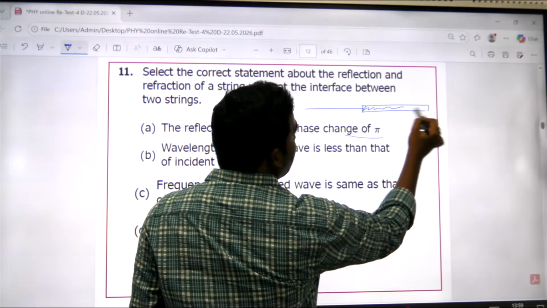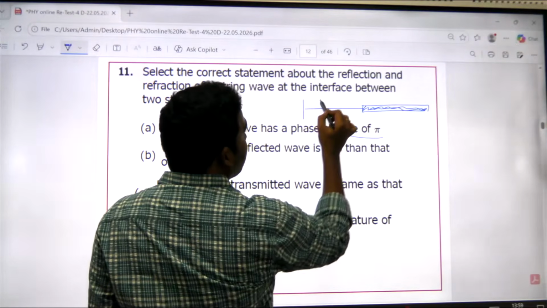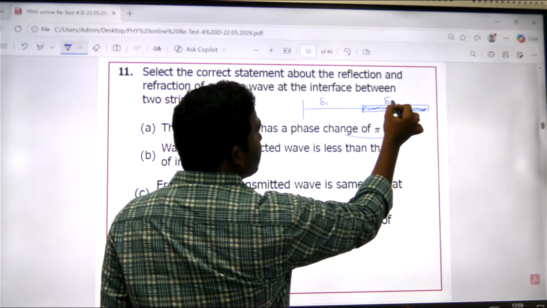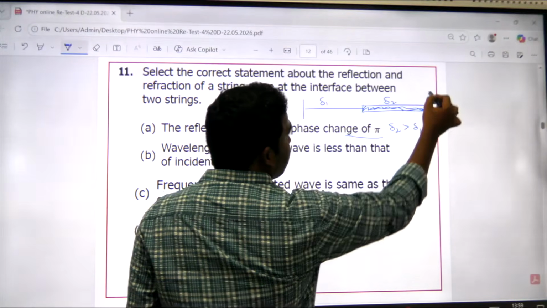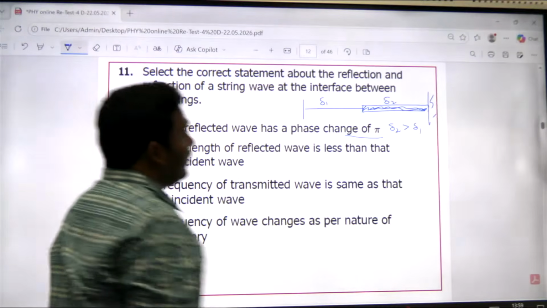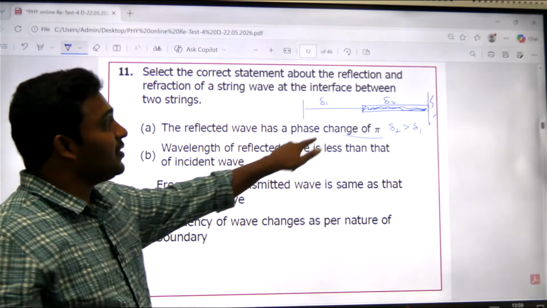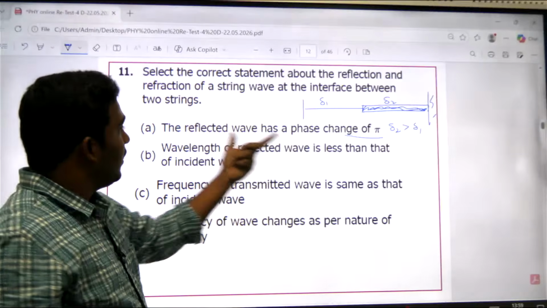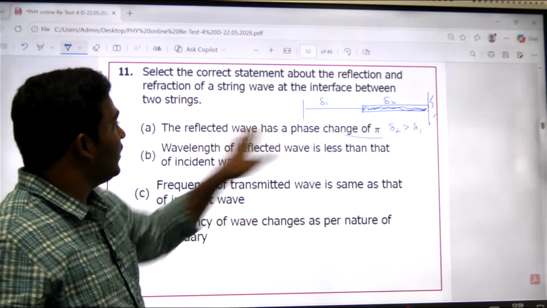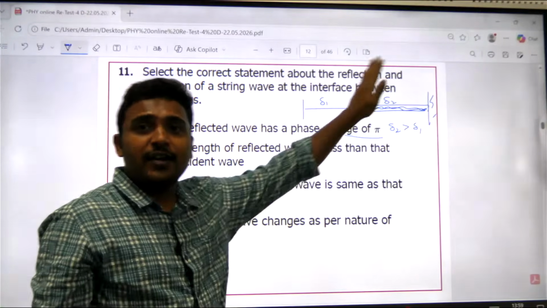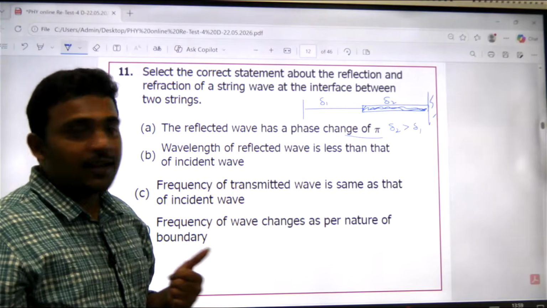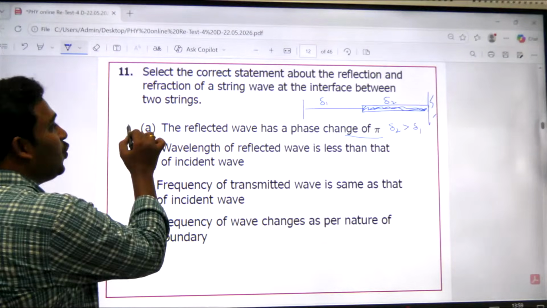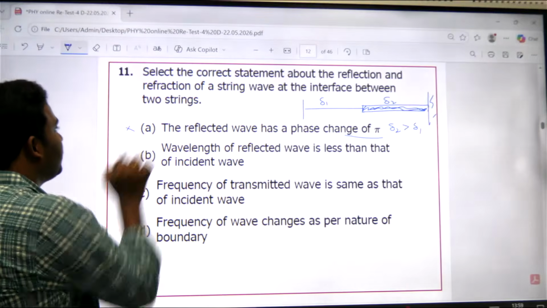If you have two strings, if this is density 1 and this is density 2, if density 2 is greater than density 1, then the reflected wave has the phase difference pi. But nowhere has he mentioned that the first is lower density and the second is higher density, so we cannot take it for granted. So this is only partially true, so this is not your answer.